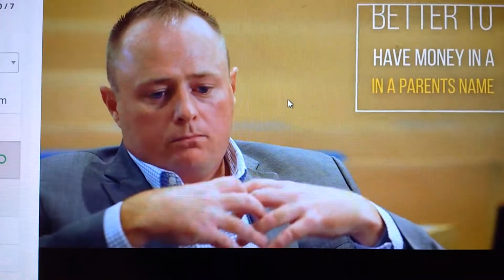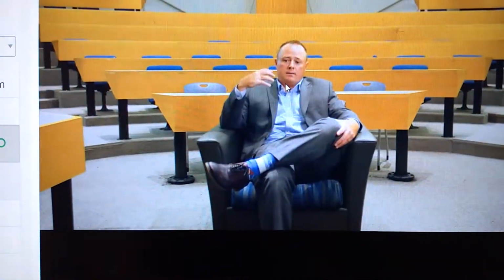Along those lines, a common mistake is how families report 529 money. Now, if you don't know what a 529 is, 529 is your traditional college savings investment account. The problem is that logic would tell you, because this money is earmarked for the student's education, that it's the student's asset.